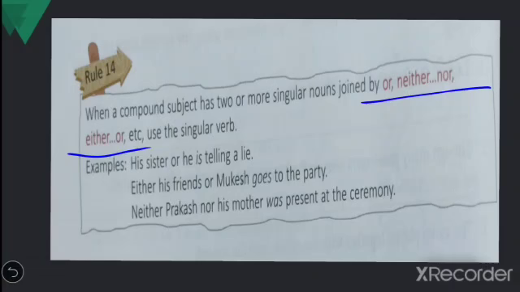Now look here. His sister or he is telling a lie. So that time we have to use a singular verb.